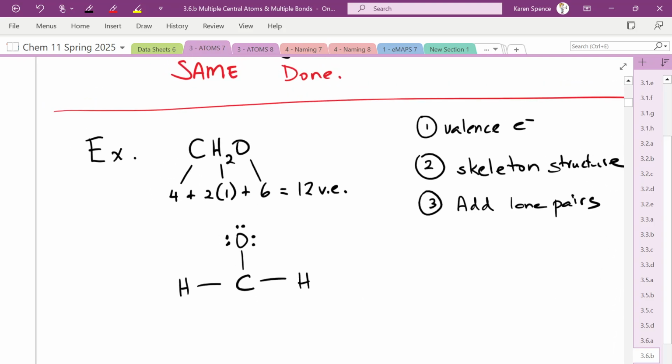Carbon needs 1 on the bottom. Okay. Step number 4. Count electrons in the structure. So you count them, see what you get.